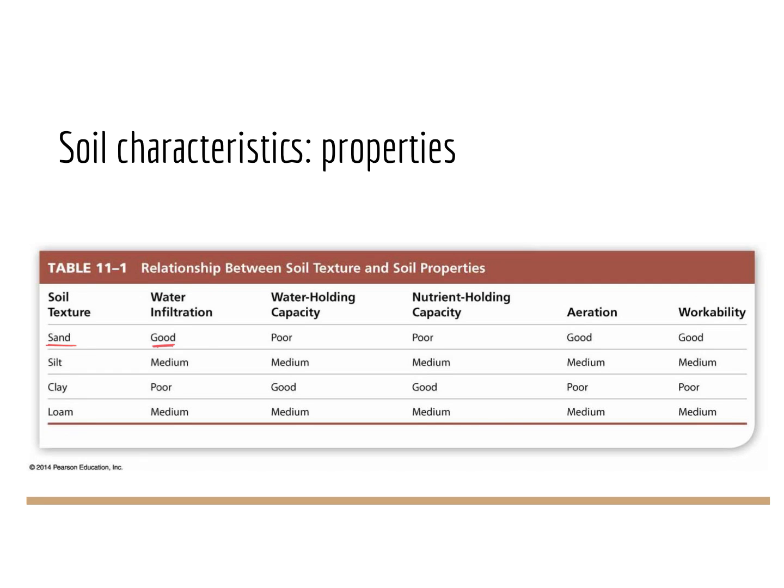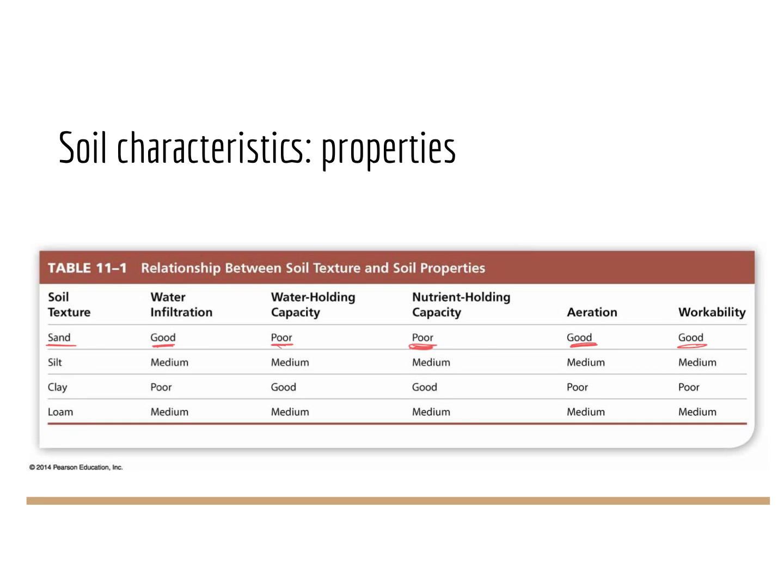So water can get in really easily, but we can see here that it doesn't hold on to it very well. That water is going to drain out of the sand very, very quickly. We can also see that sand has really low nutrient holding capacity, so it's not very good at holding on to nutrients, and why that is we'll get to in a little bit. But air can get in there as well, and it makes the soil more workable.